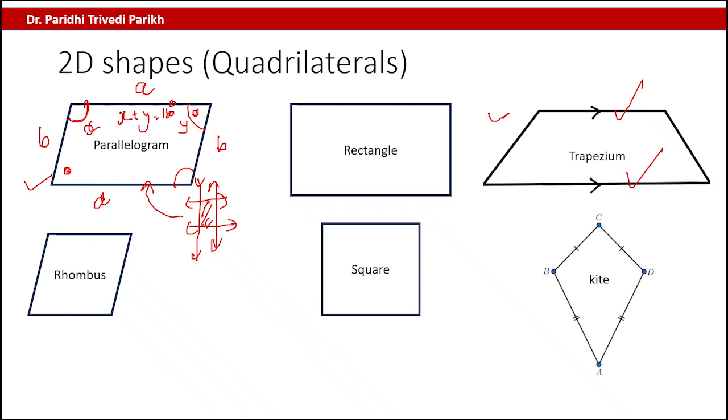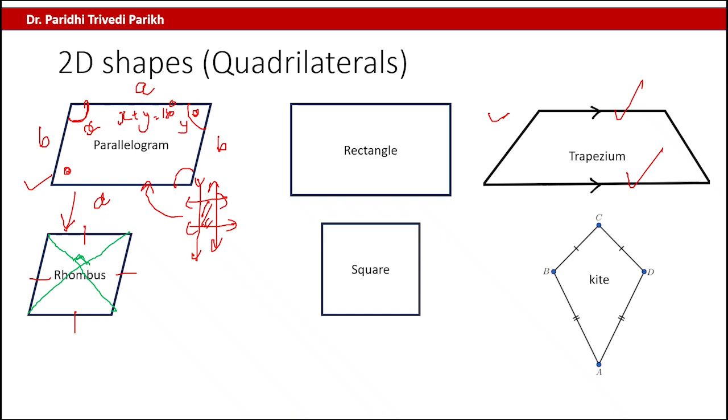Now, when we talk about rhombus, a parallelogram with 4 equal sides is called rhombus. Now, the one very important difference between parallelogram and rhombus would be rhombus has two diagonals bisecting each other at 90 degree.